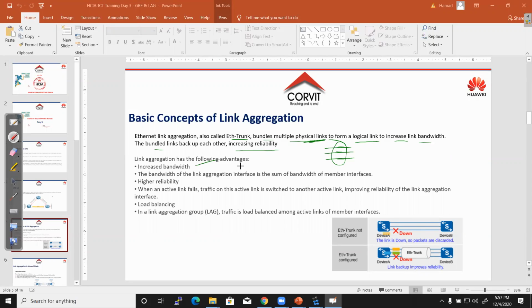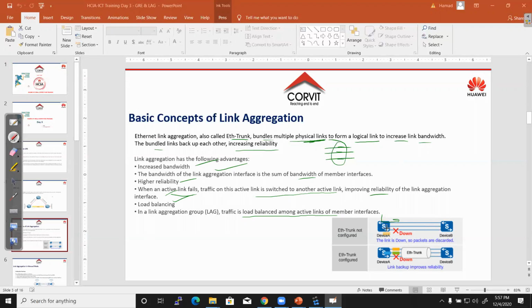So we can increase the bandwidth. We aggregate the interfaces to get the sum of the bandwidth of the member interfaces, and high reliability. Whenever any active link fails, traffic on that link is switched to another active link, improving the reliability of the link aggregation interface. We can perform load balancing as well. In a LAG, traffic is load balanced among active links of member interfaces.